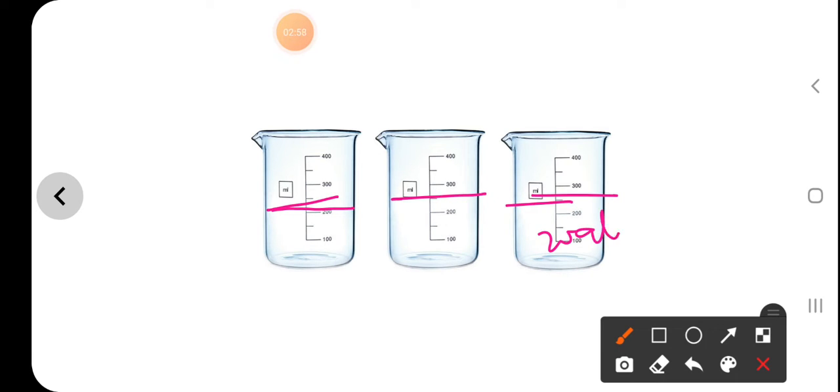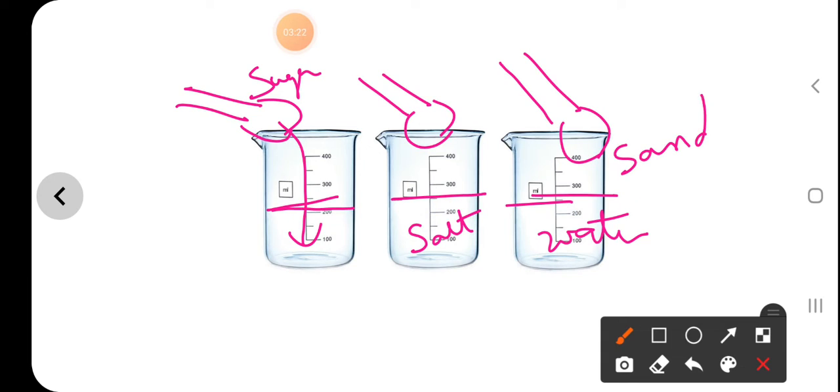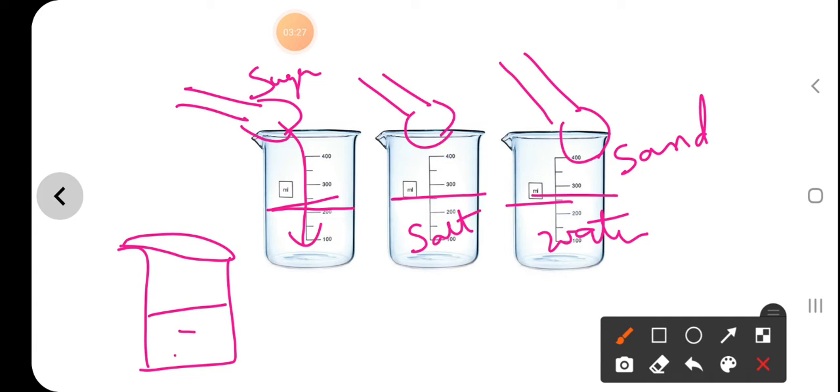After filling half of the glass with water, take a tablespoon of sugar and dissolve it in water, which means mix it in water. This is your sugar. Now take a tablespoon of salt and mix with water. Now take a tablespoon of sand and mix with water, and one more that is left out: take a tablespoon of dry crushed leaves and mix with water.